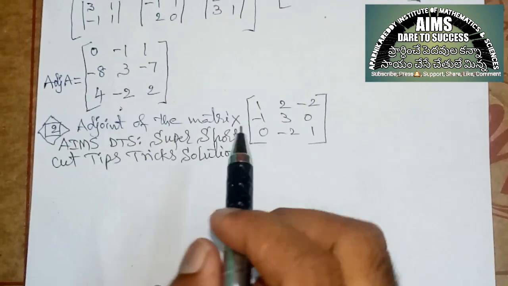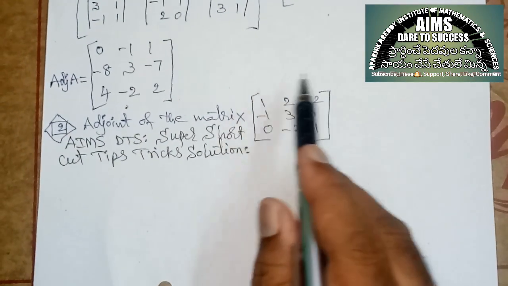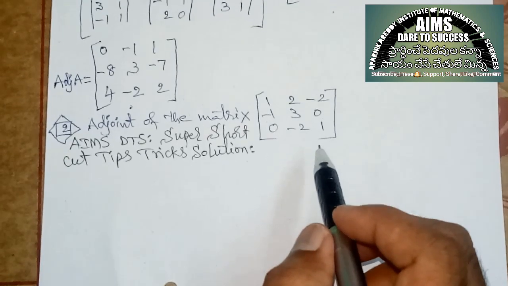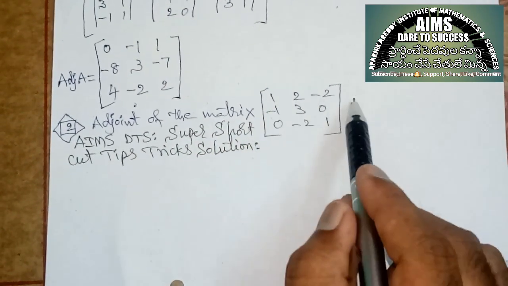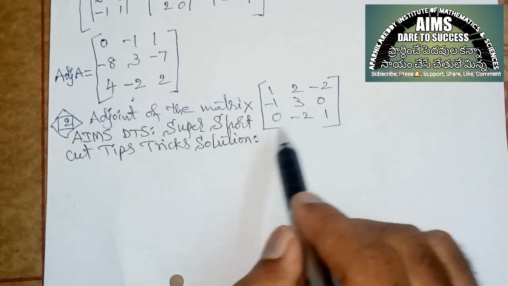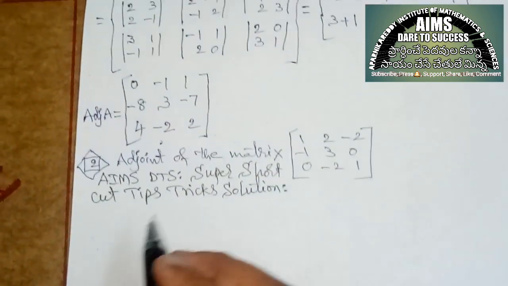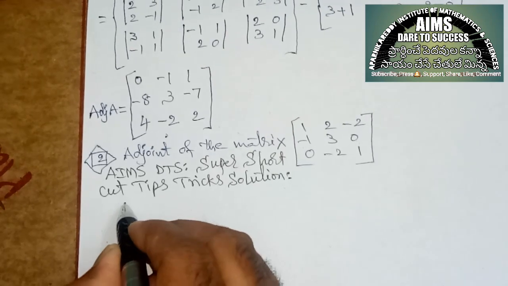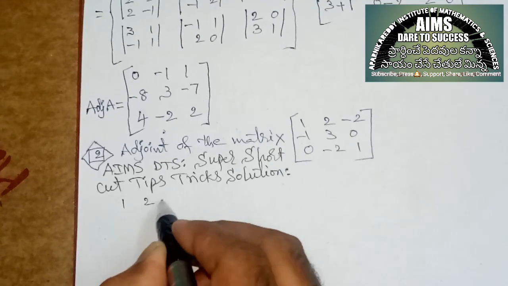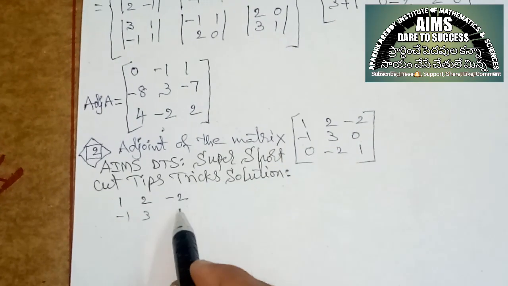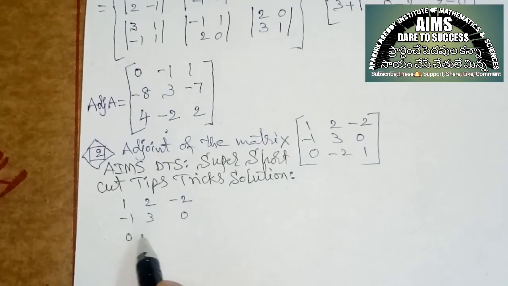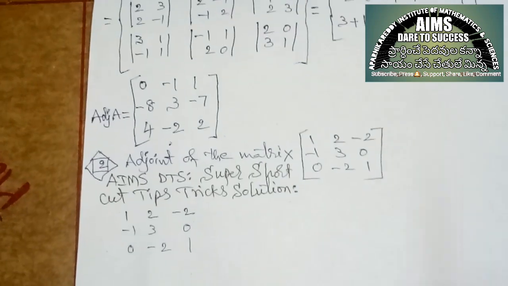Next, my dear friends, one more similar type of question I want to discuss with you. Adjoint of the matrix 1 2 minus 2, minus 1 3 0, 0 minus 2 1. Same as it is, you can copy paste the matrix: 1 2 minus 2, minus 1 3 0, 0 minus 2 1.